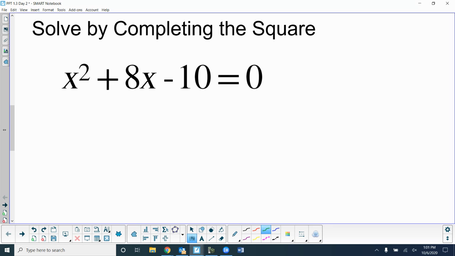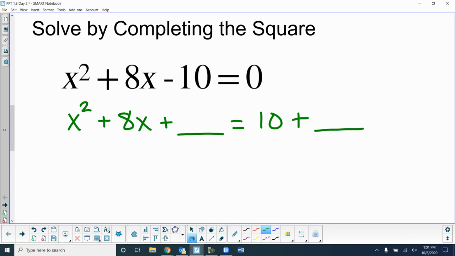That's good. What do we gotta do? Yeah, we gotta add a blank. We take the C value over, so we add 10. So on the right side now it's positive 10, and we add a blank to both sides.